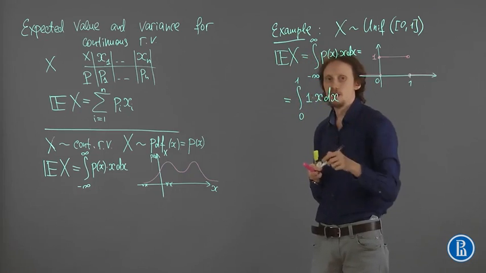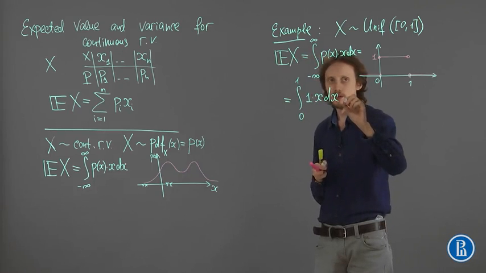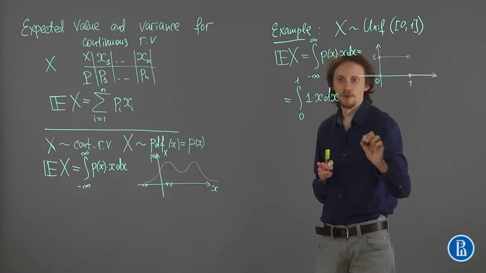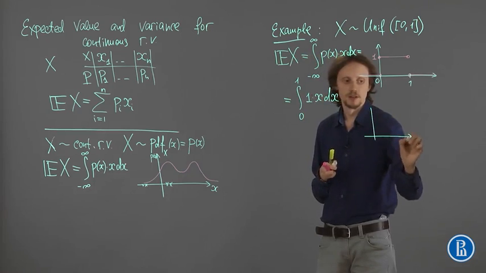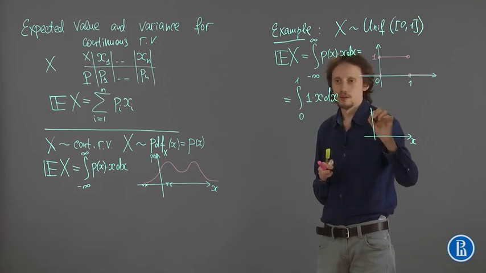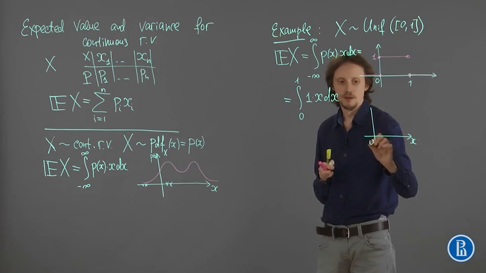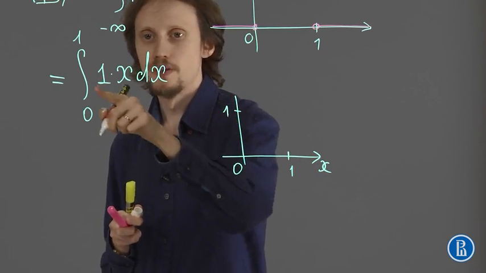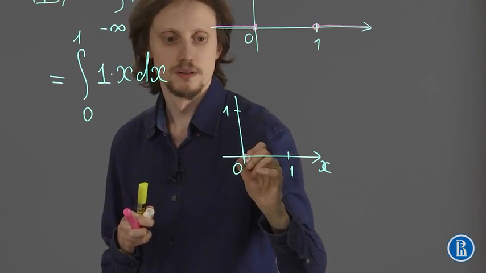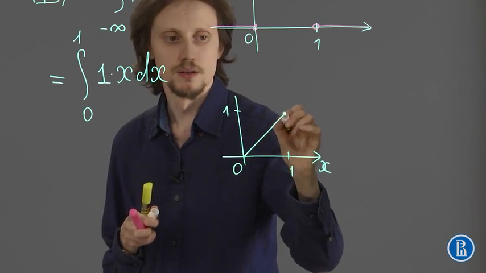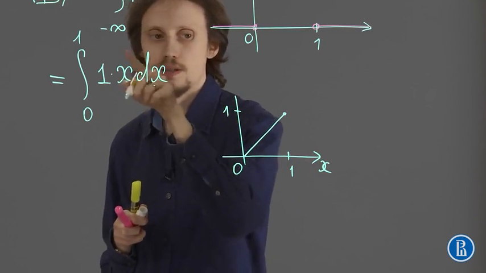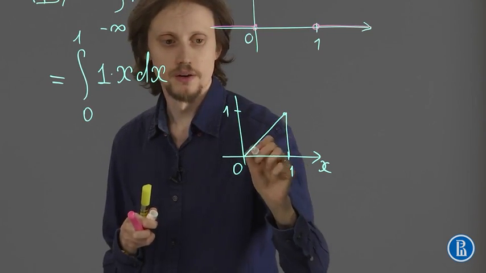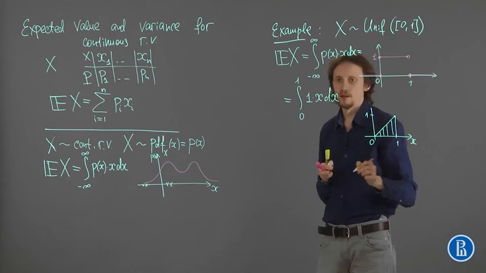This integral can be calculated explicitly or geometrically. We can say that if this is x and we have 0 here, 1 here, 1 here, the graph of function x is this thing, and this integral is an area like this one.